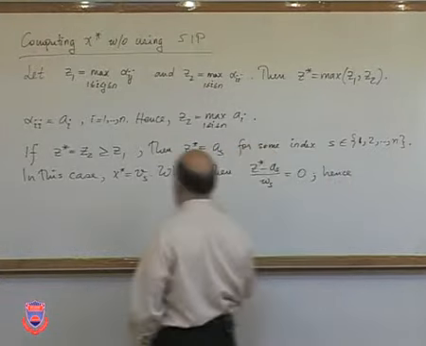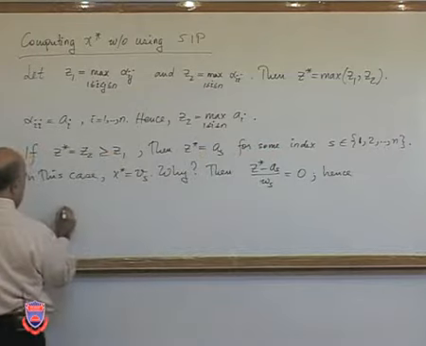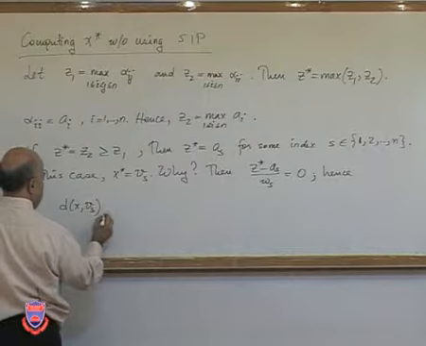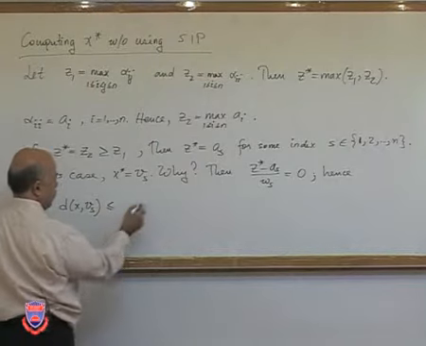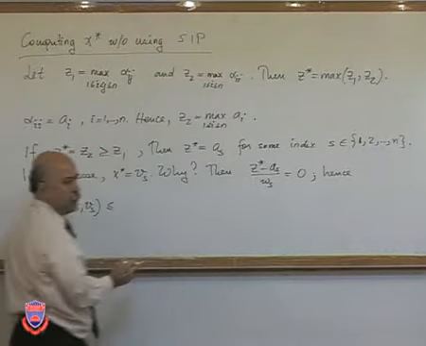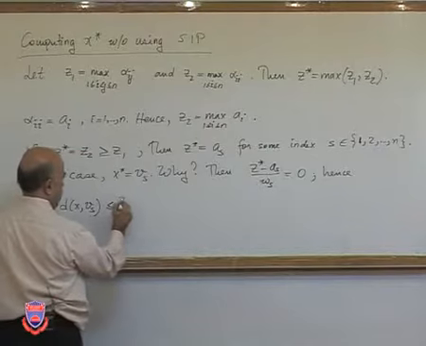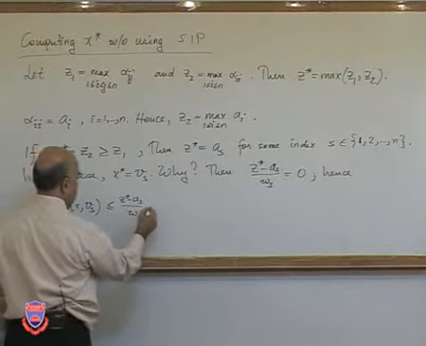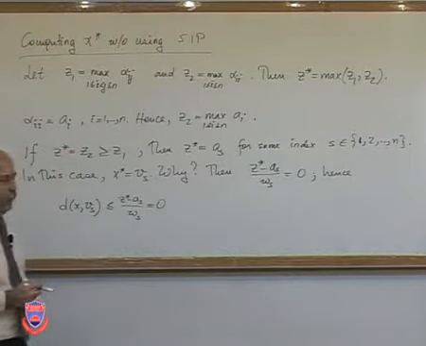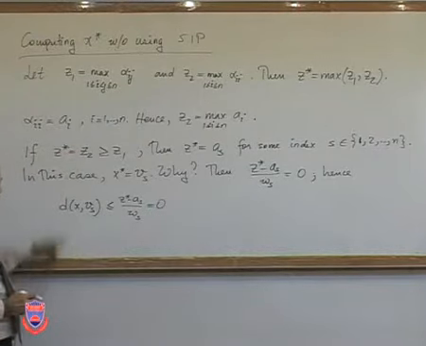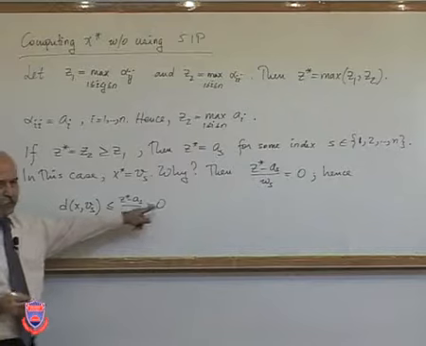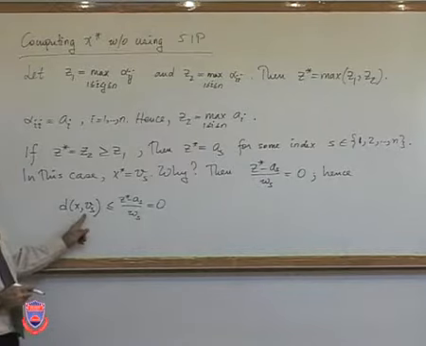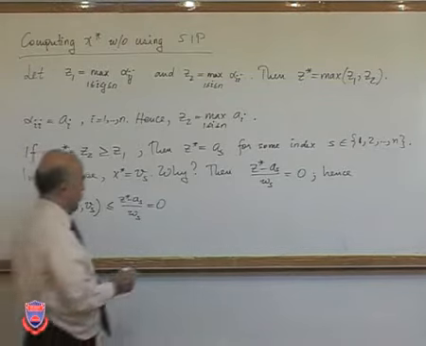Hence, the particular constraint associated with Vs is supposed to be less than or equal to that number, which turned out to be 0. Now the distance will be less than or equal to 0 if and only if x is actually equal to Vs.